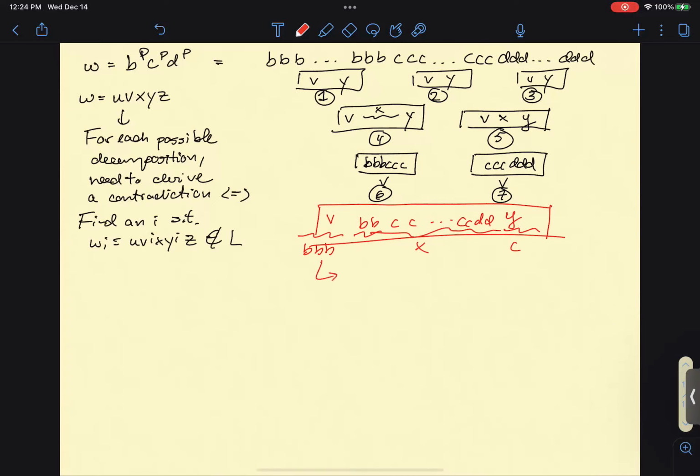So this is not possible because the length of VXY in the pumping lemma for context-free languages has to be at most P. But clearly here it's greater than P, because the X straddles over all the C's and there are P C's. So VXY spans at least P and more. Very good, excellent. So this is not a possible case.